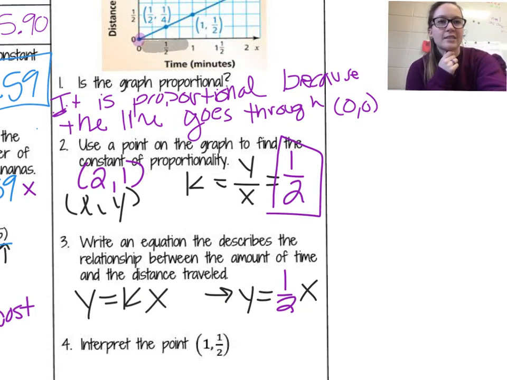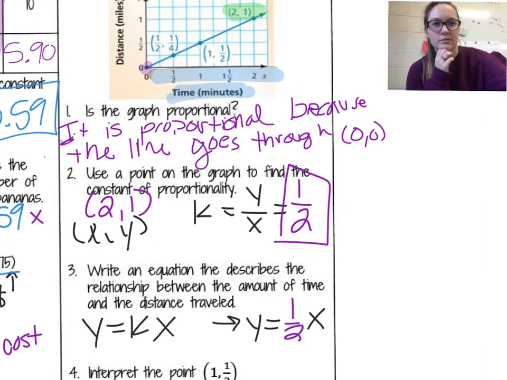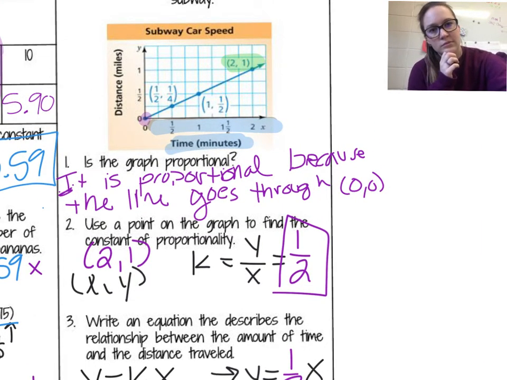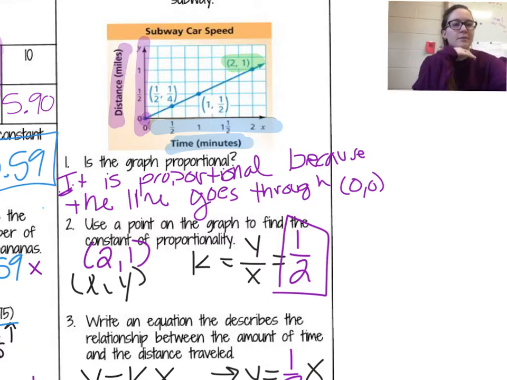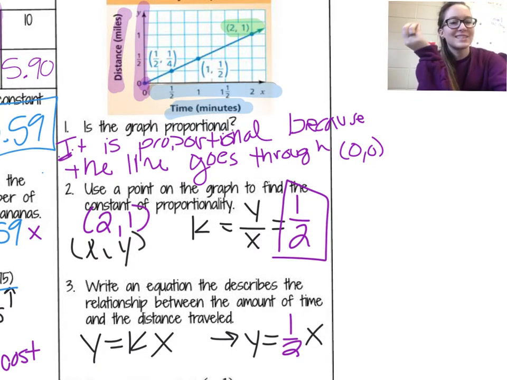So our x-axis is right here, and that is our time in minutes. Our y-axis is our distance in miles, okay? So using our equation, y, the distance, is going to be 1/2 times the time, okay?